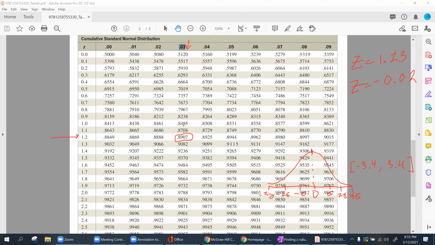The value when z equals 1.23 is 0.8907, and we'll find out what exactly that means.